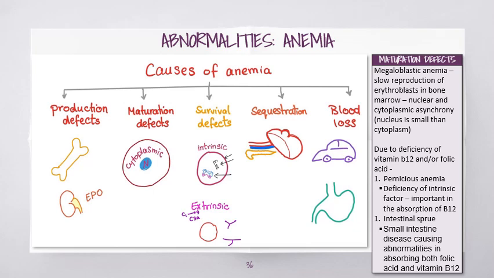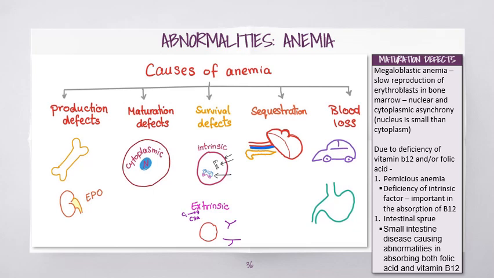So when we're talking about the hematopoietic cells, the main effect here is, as I mentioned earlier, nuclear and cytoplasmic asynchrony. You have an immature nucleus with a normal mature cytoplasm. So a good example of this cause of anemia is megaloblastic anemia.